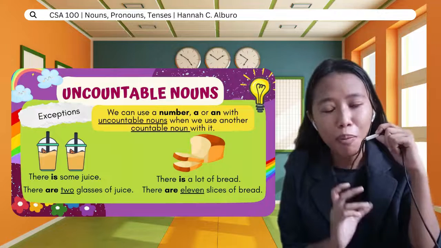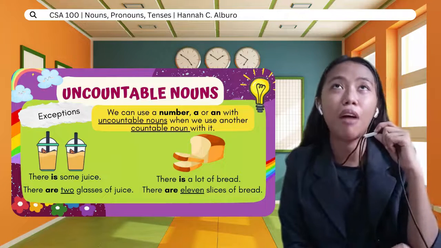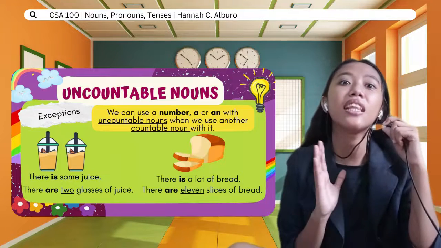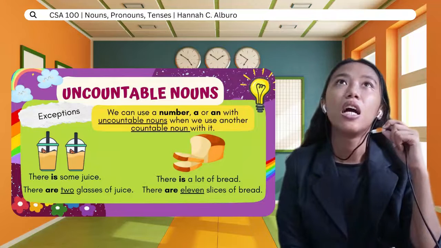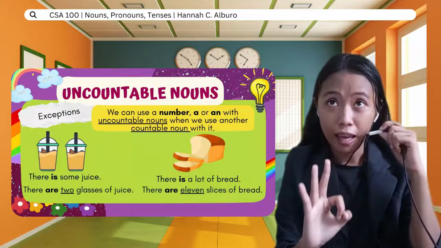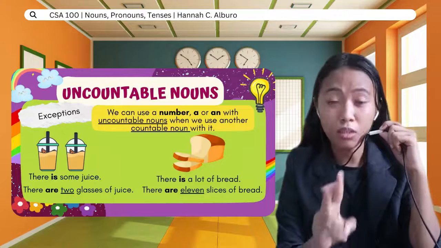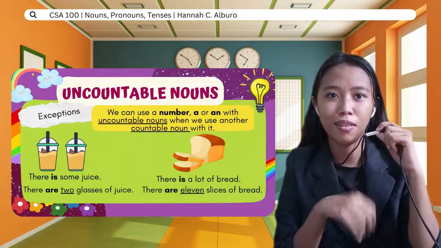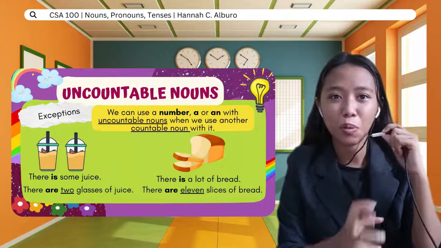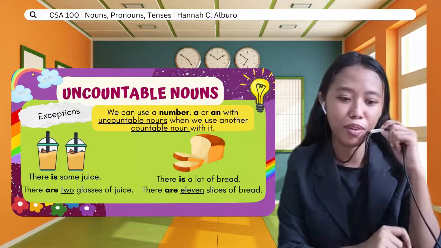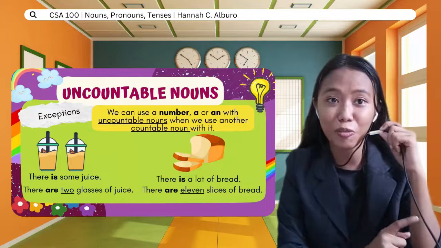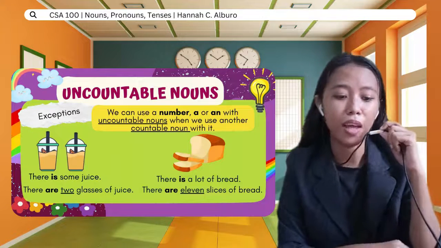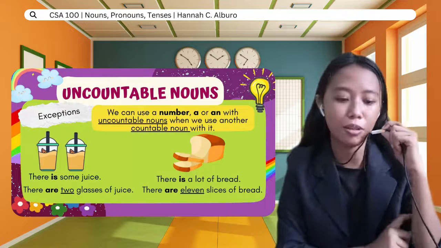So take for example again, I have several kinds of bread in this basket. 3 baguettes, 2 croissants, 4 focaccia bread, 'di ba? So that is the reason why bread is an uncountable noun. So from the sentence, there is a lot of bread: a lot of, partitive noun; bread, uncountable noun. And then the helping verb is singular.